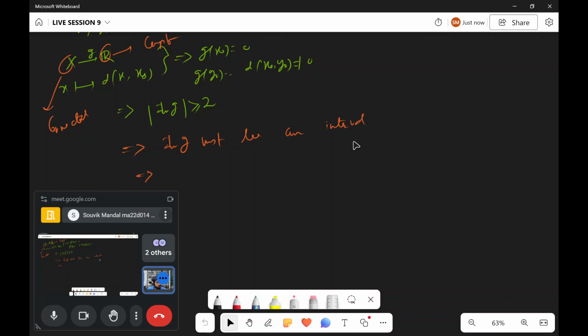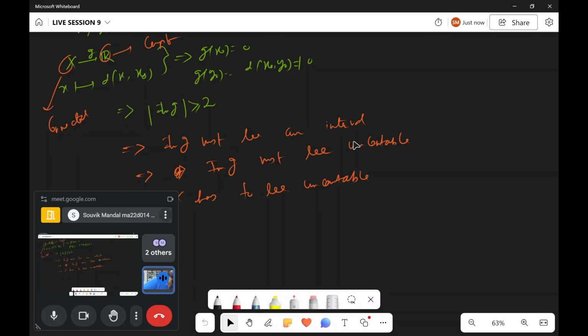So the image of g must be uncountable. This tells that X has to be uncountable, which is quite obvious.